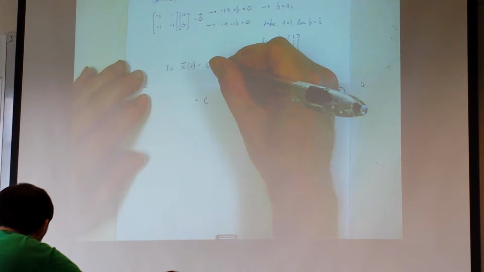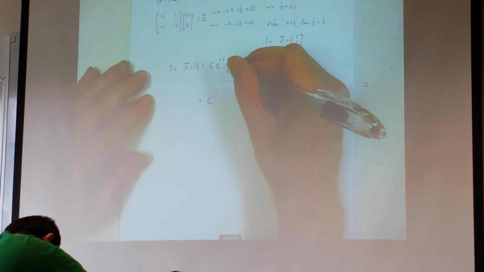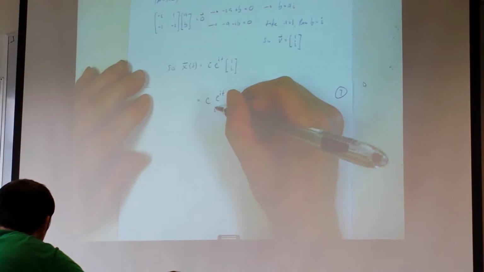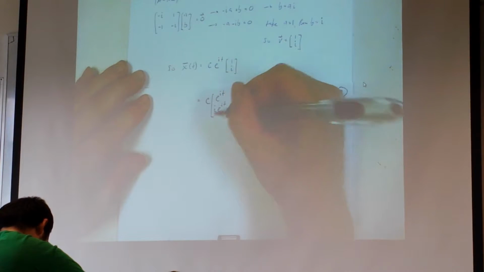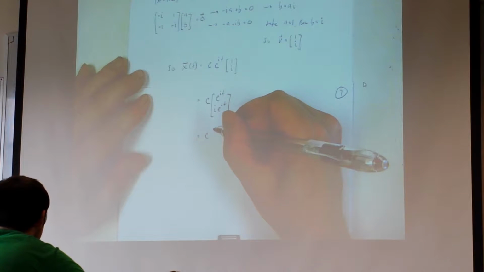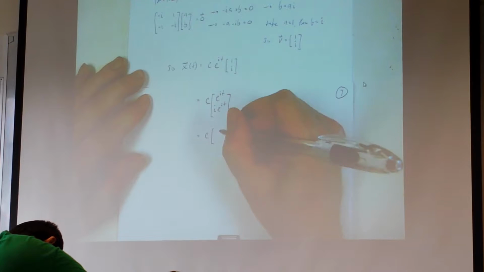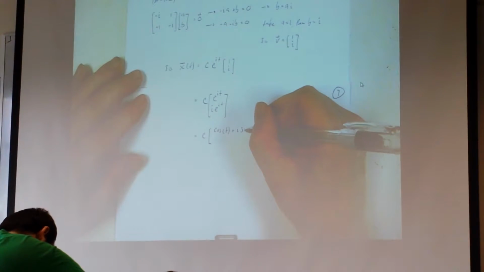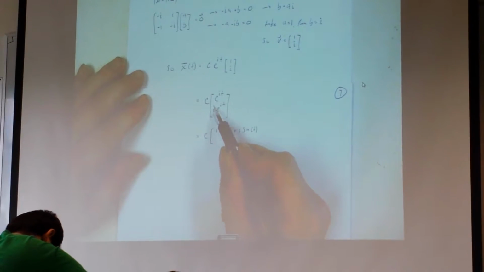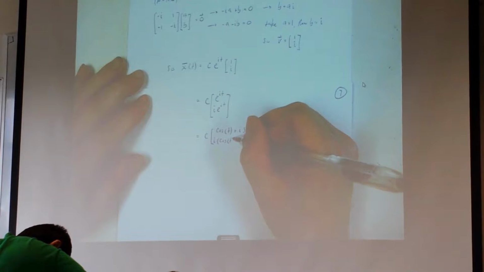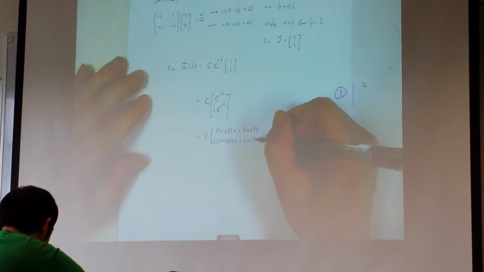If I multiply that inside first, leaving the c out front, in the first component, 1 times e to the it, and this would be i e to the it. Using Euler's formula, the top is cosine t plus i sine t. The bottom has an i in front of it, but it's the same thing, cosine t plus i sine t.